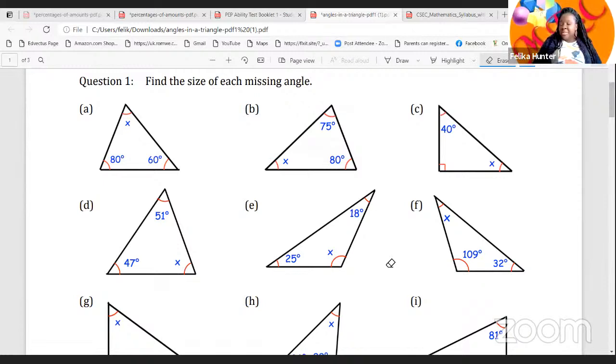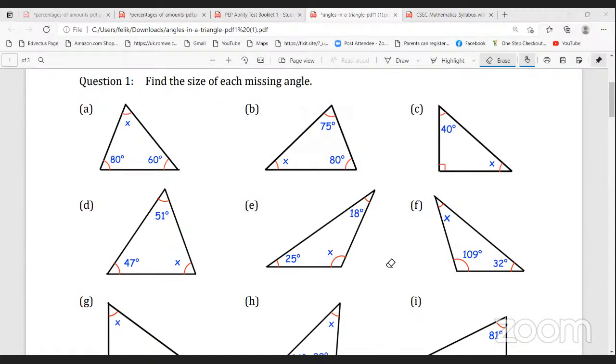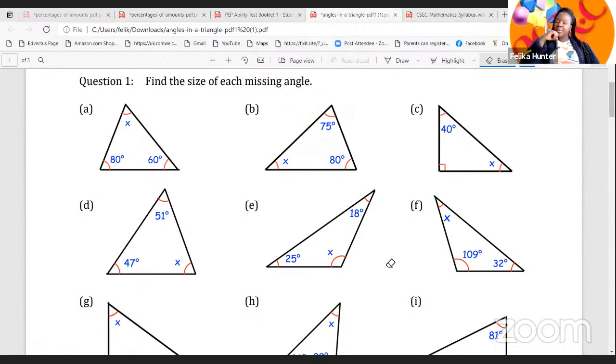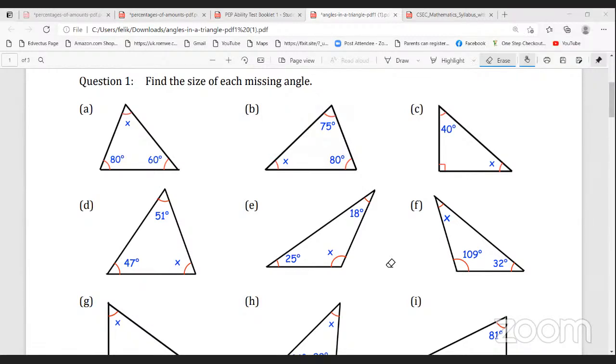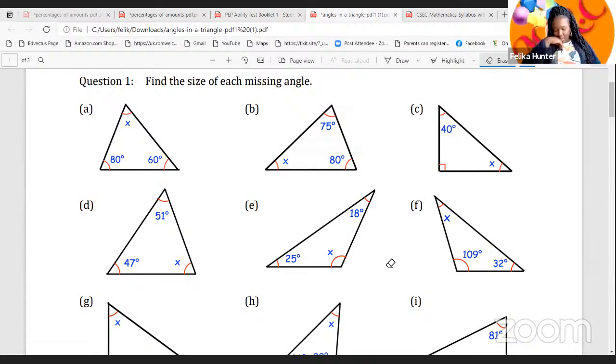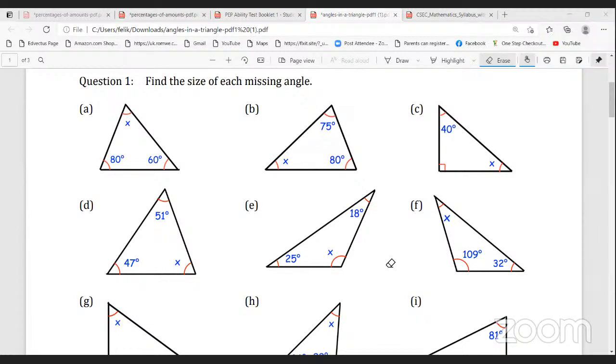All right. So tell me something else about a triangle. One property down. Tell me another property. There are 3 types of triangle. There are more than 3, but tell me the 3 that you know. Scalene, right angle triangle, and isosceles.